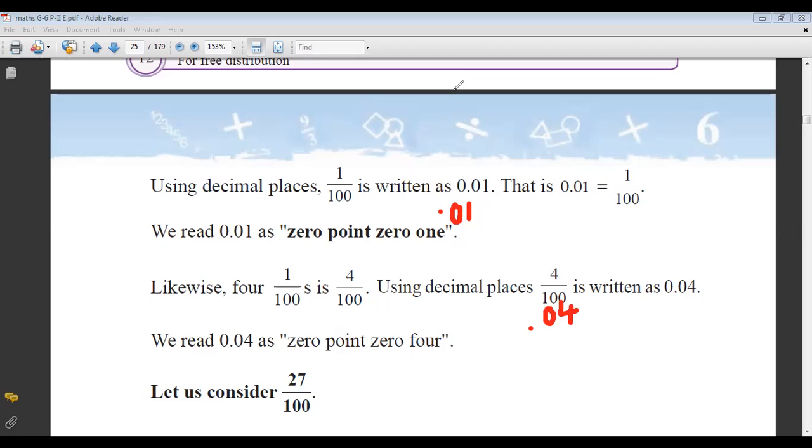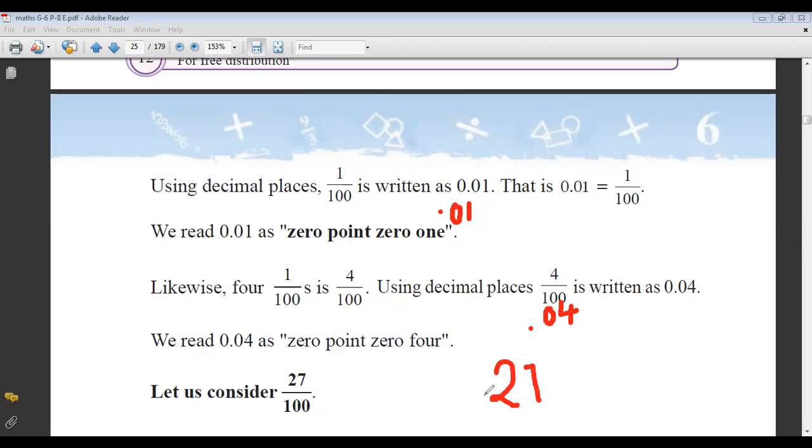Now let's write 27 out of 100. How many decimal places are there? You can see 2 zeros are there, and 2 zeros mean 2 decimal places. So we will write 27 here.